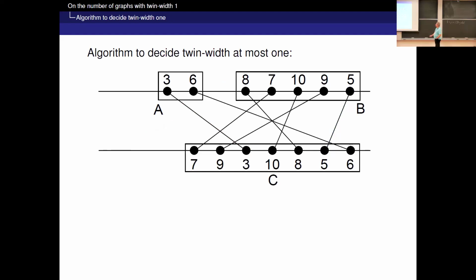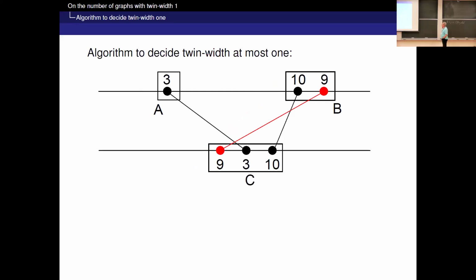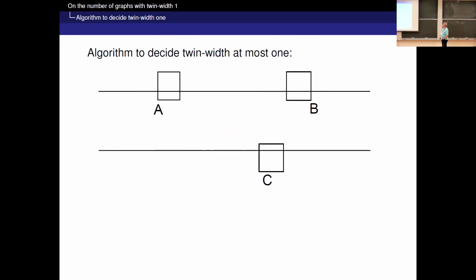And now continue. Find doubly extremal vertices. There is one, remove it. There is another one, remove it. Another one, remove it. Now with 10, we cannot continue, but we can swap to the other side. 7, we can remove it. 9, we can remove it. 10, and so on.